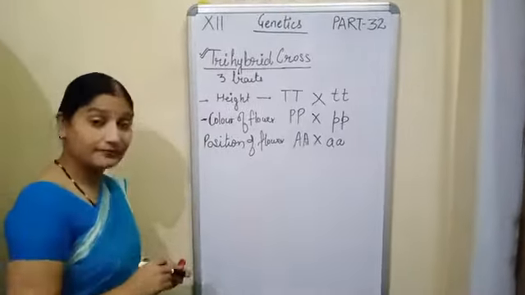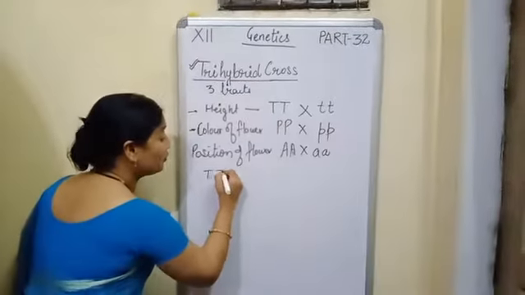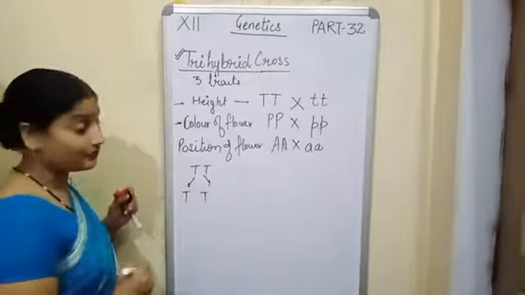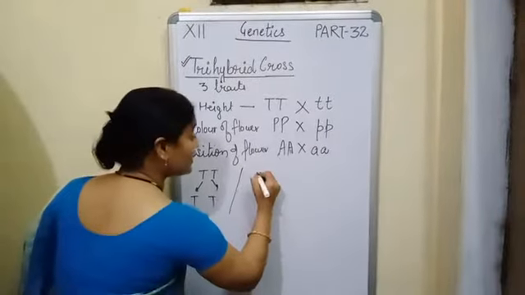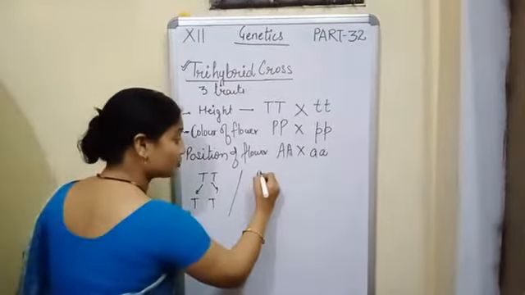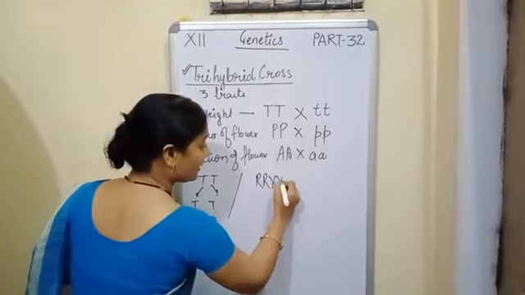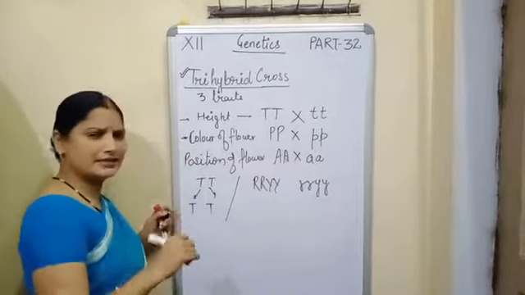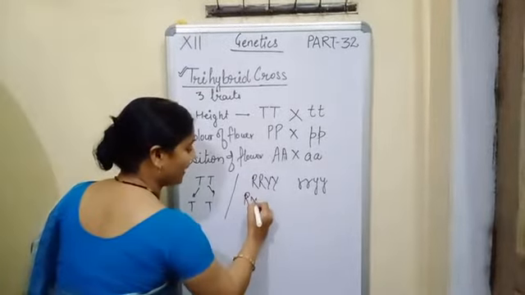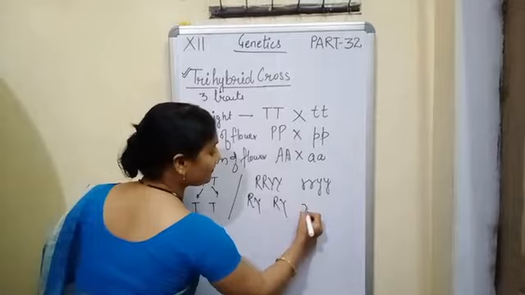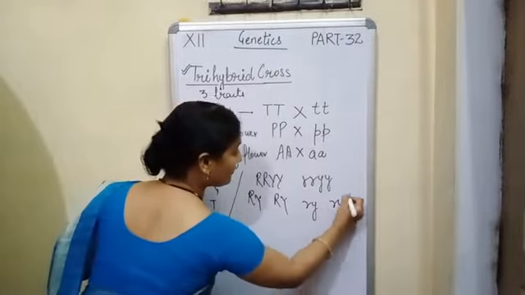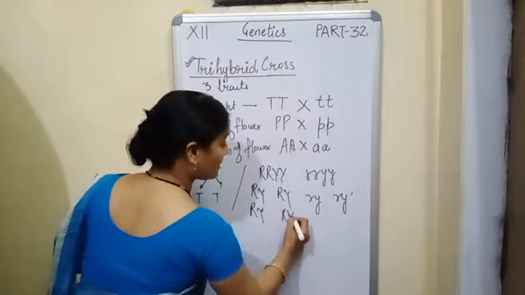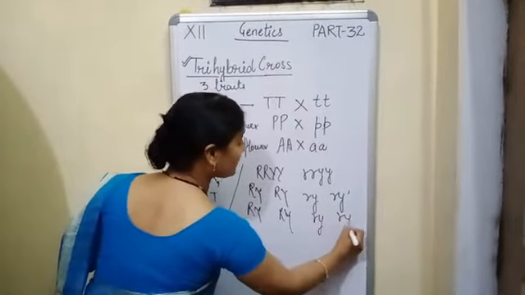Now see children, in case of monohybrid, it was very easy to make their gametes. And in case of dihybrid also, very easily we had prepared the gametes. 4 in this case and 4 in this case.